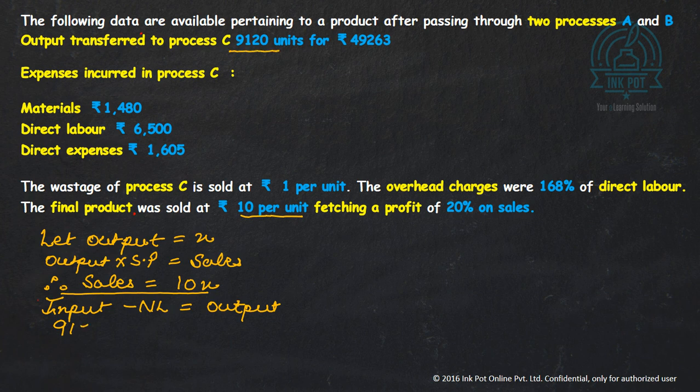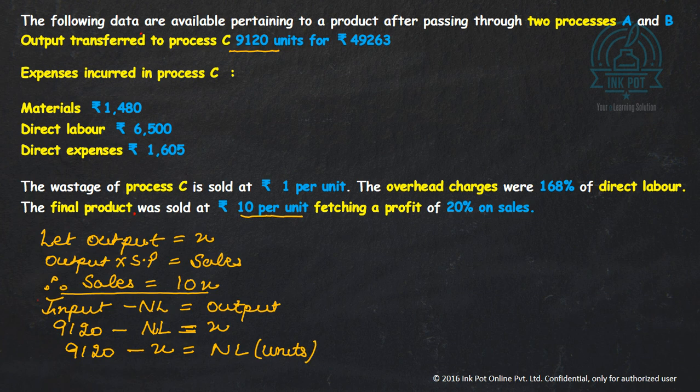So I'm writing here 9120 units minus normal loss, I don't know what normal loss is, is equal to output, which is X. So 9120 minus X is equal to normal loss. So these are the units of normal loss.